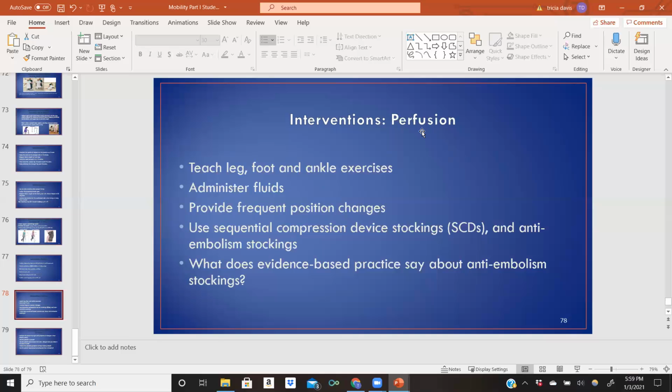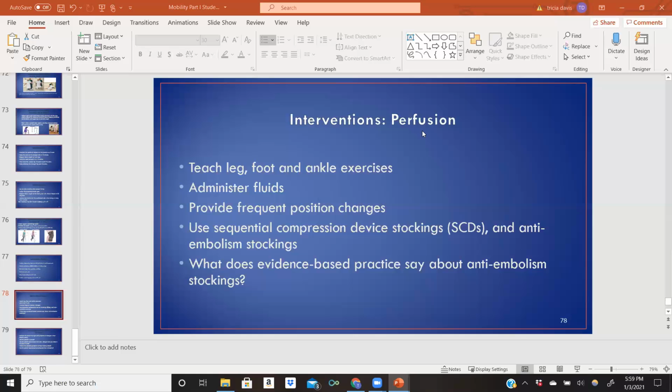They go around the lower part of the legs between the ankle and the knee, and they Velcro on, and then they connect to 2 little tubes, and then they're connected to a motor. You turn that on, and it pumps air and squeezes that device that you placed on the legs, which helps squeeze the leg and push that blood return back to the heart. So it increases that perfusion, and it decreases the risk of getting a blood clot.